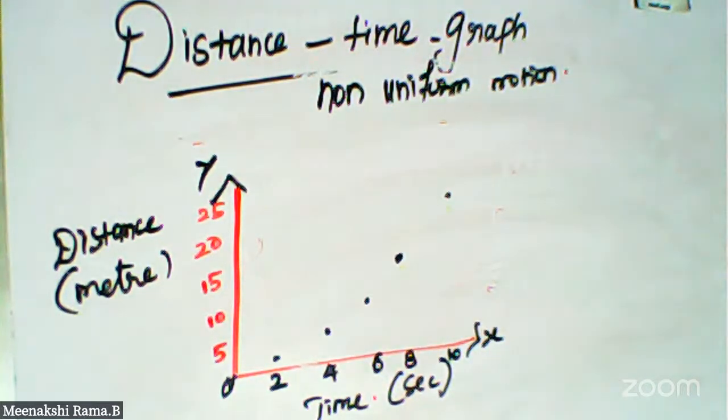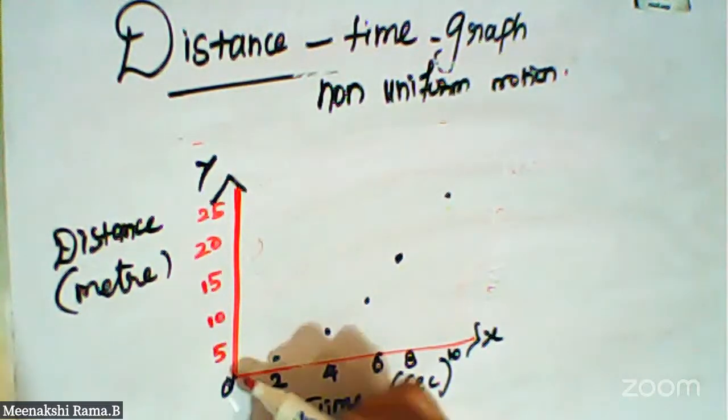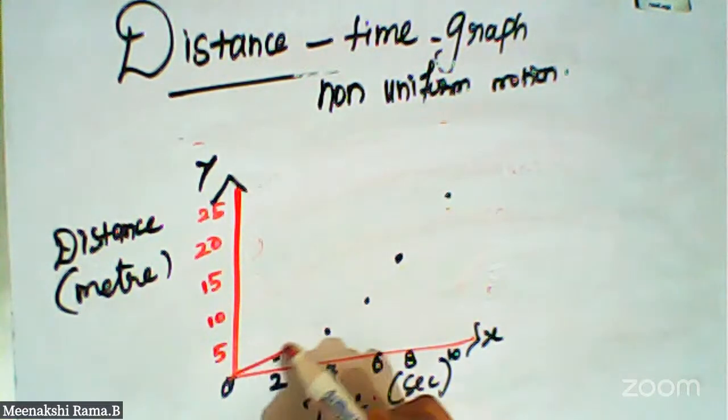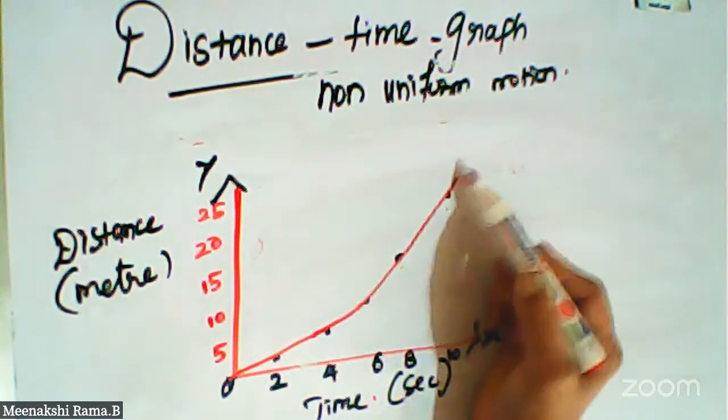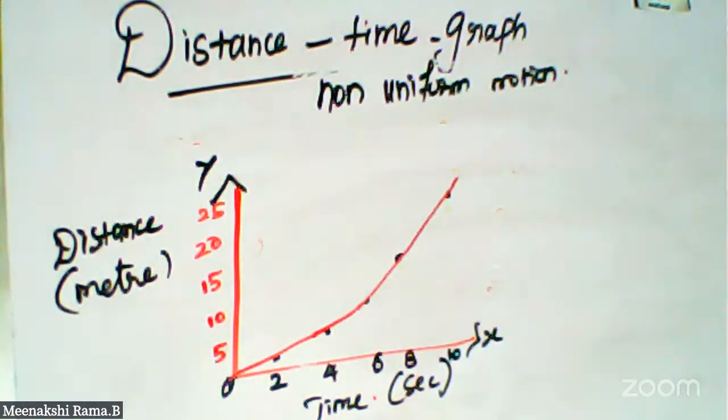Okay. So I want to join the dots. Yes, this is not a straight line. This is a slope, isn't it? Yes, this is the slope. In the slope, we can identify the non-uniform motion of speed.